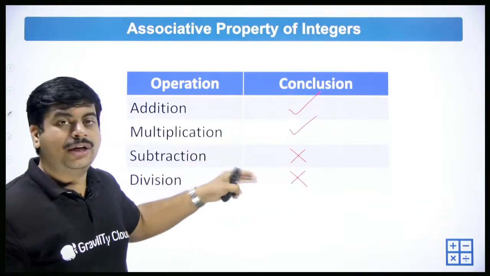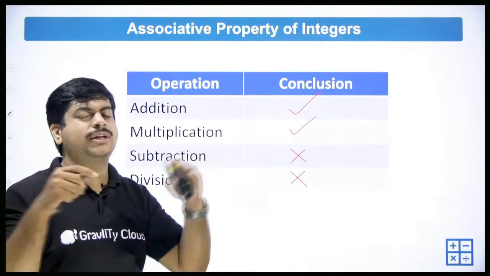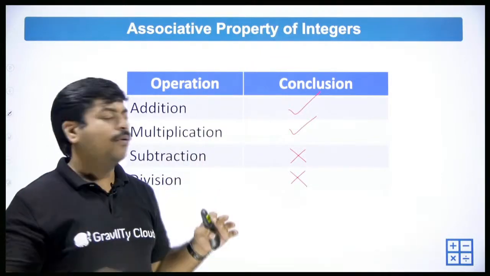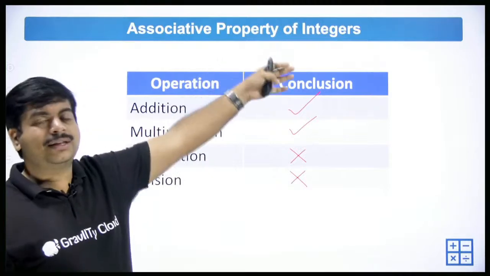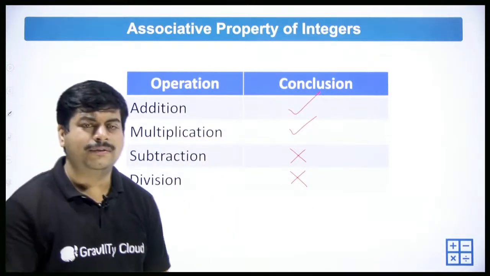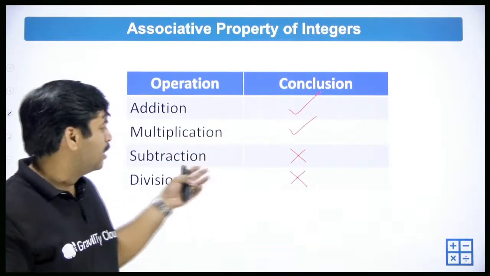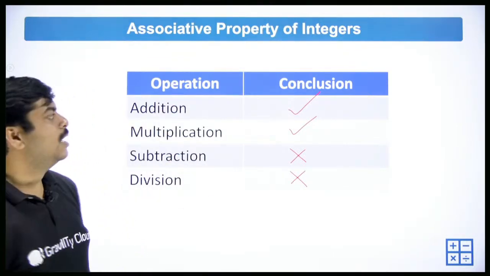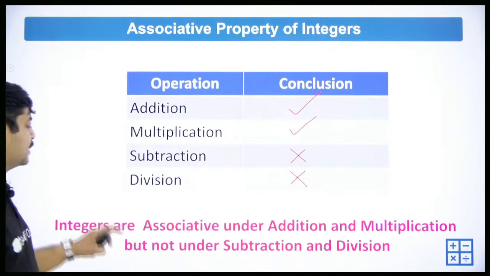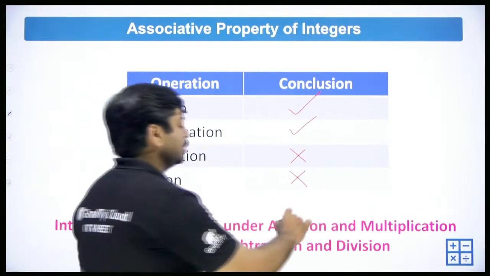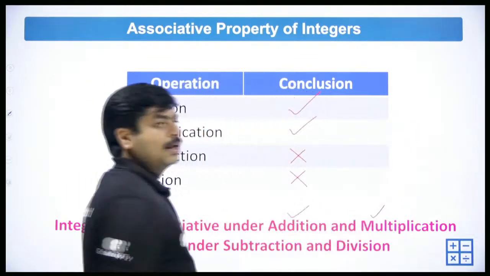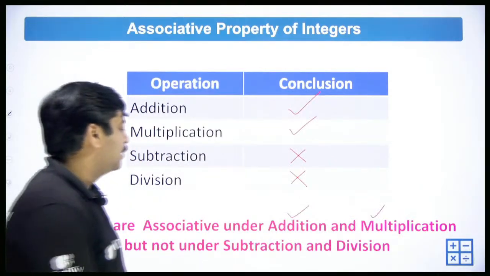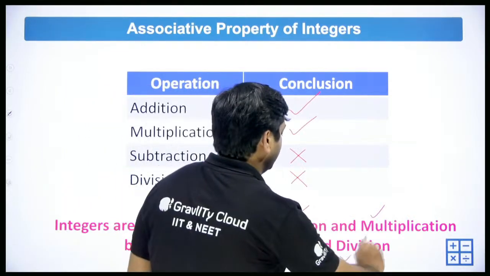And here, when you are dividing the fraction of fraction, all these are things which will not be satisfied with integers, right? Not only with integers, with any numbers, these two will not satisfy the associative property. So let's move forward. Integers are associative under addition and multiplication, but not under subtraction and division.